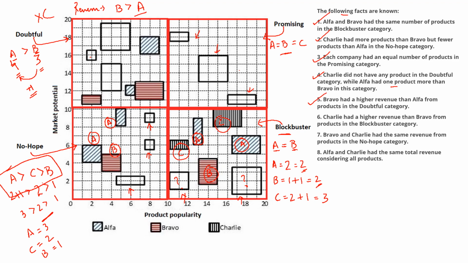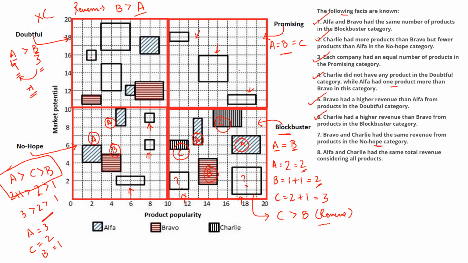Sixth, Charlie had a higher revenue than Bravo from products in the blockbuster category. In the blockbuster category, Charlie has higher revenue than Bravo. Okay. And in the seventh information, Bravo and Charlie had the same revenue from products in the no hope category.